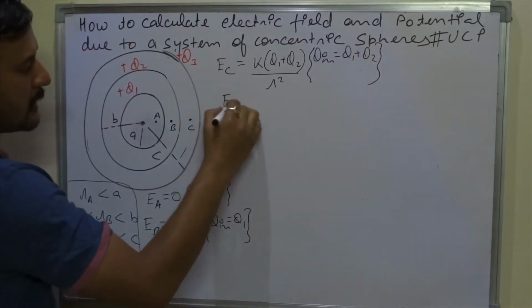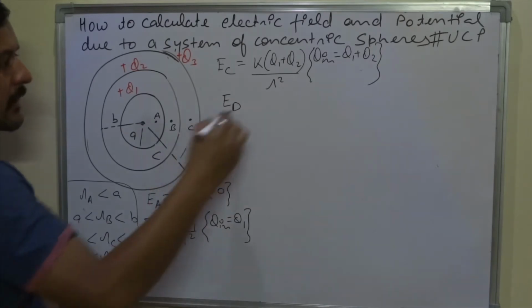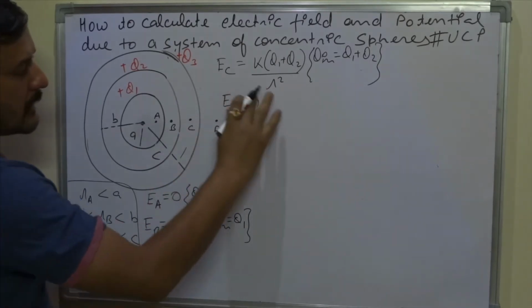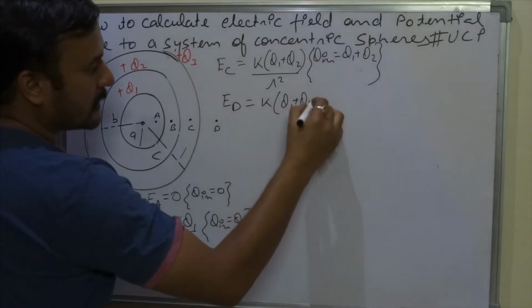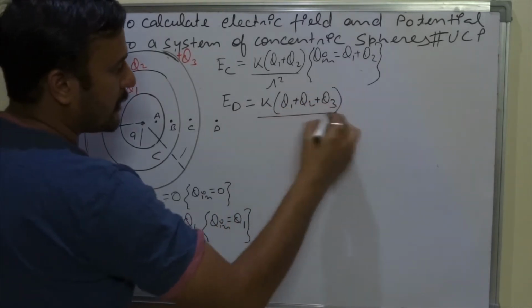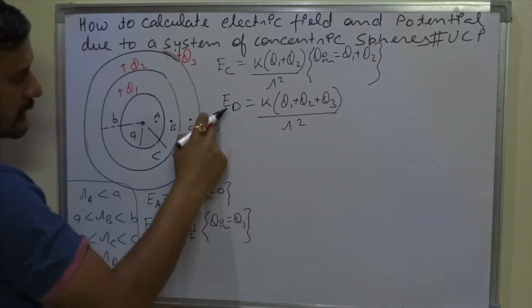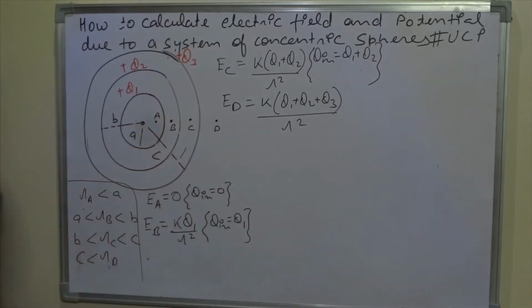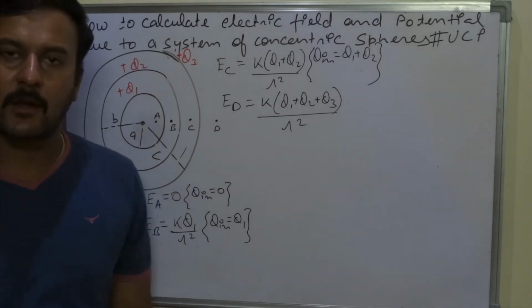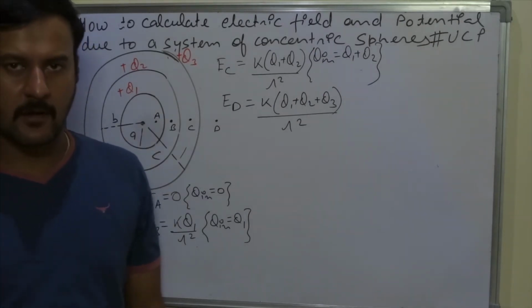And at point D, we can write the electric field as K (Q1 plus Q2 plus Q3) upon R square, as this sphere contains all the charges. So this is the simplest way to write the electric field in a system of concentric spheres.